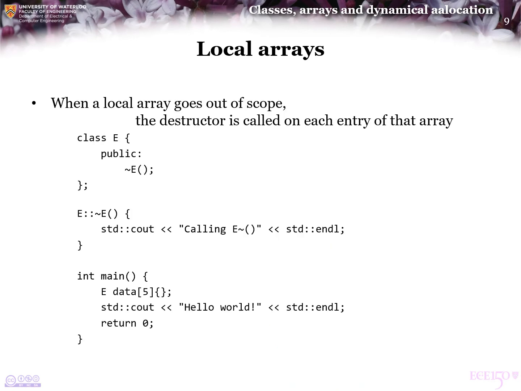Now, when a local array goes out of scope, the destructor is called on each entry of the array, and this is done by the compiler. Here we have, again, a very simple class that only has a single destructor, and that destructor simply indicates that it has been called.